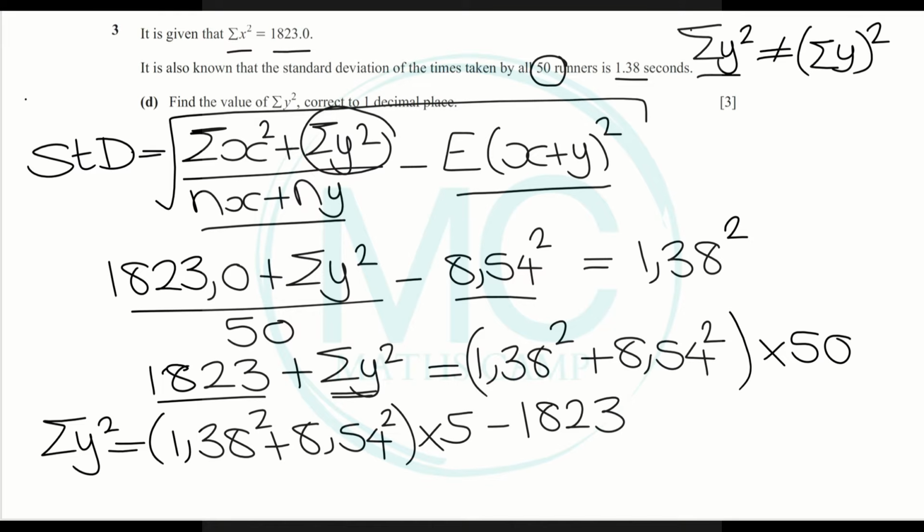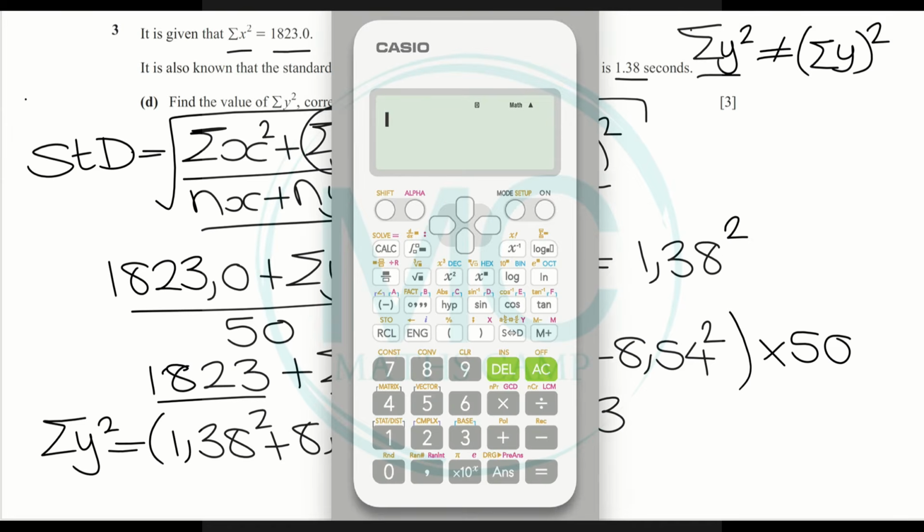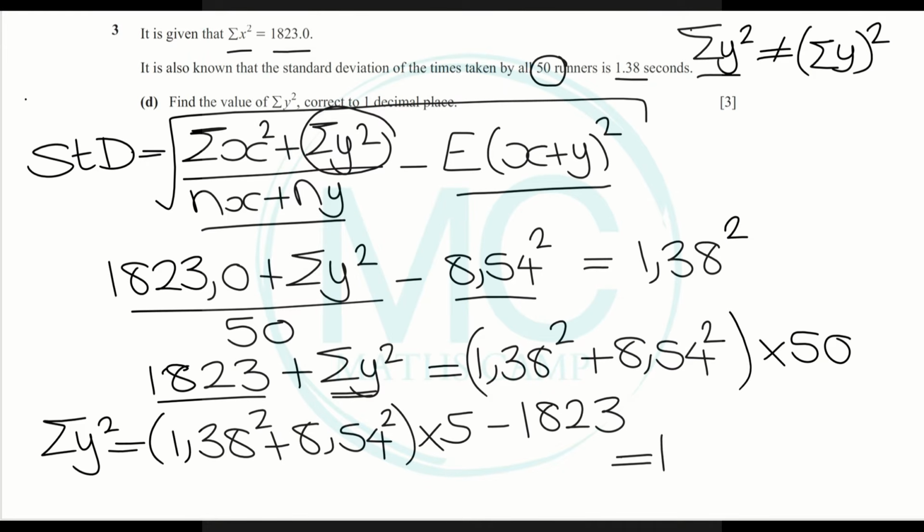And I can put all of this straight into my calculator. 1,38 squared plus 8,54 squared. So multiply this by 50. Subtract 1,823 is equal to. The question wants our answer to one decimal place. Let's change it to decimals. And we get an answer of 1,918.8.